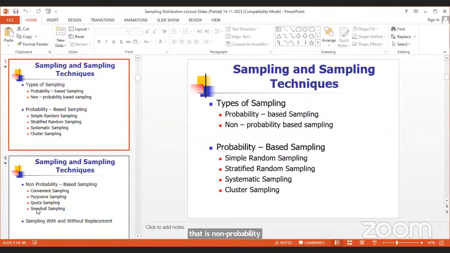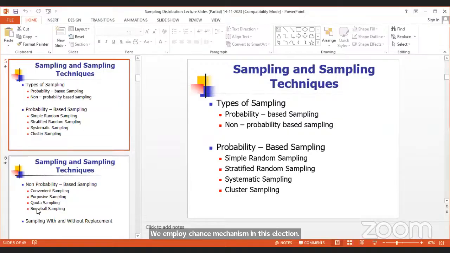So our sampling can be done in such a way that you employ random techniques, you employ probability, you employ a chance mechanism in the selection. That is probability sampling.